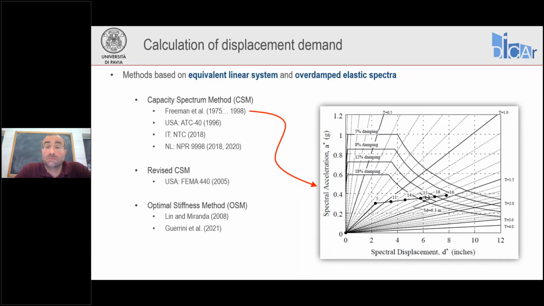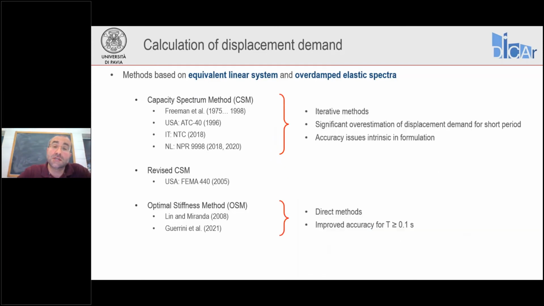And to overcome some problems with these methods, we have also the optimal stiffness method, more recently developed, that again solves some issues. What are these issues? Well, first of all, the capacity spectrum method is iterative, but the problem is that it usually leads to significant overestimation of the demand, especially for short period systems like masonry structures.